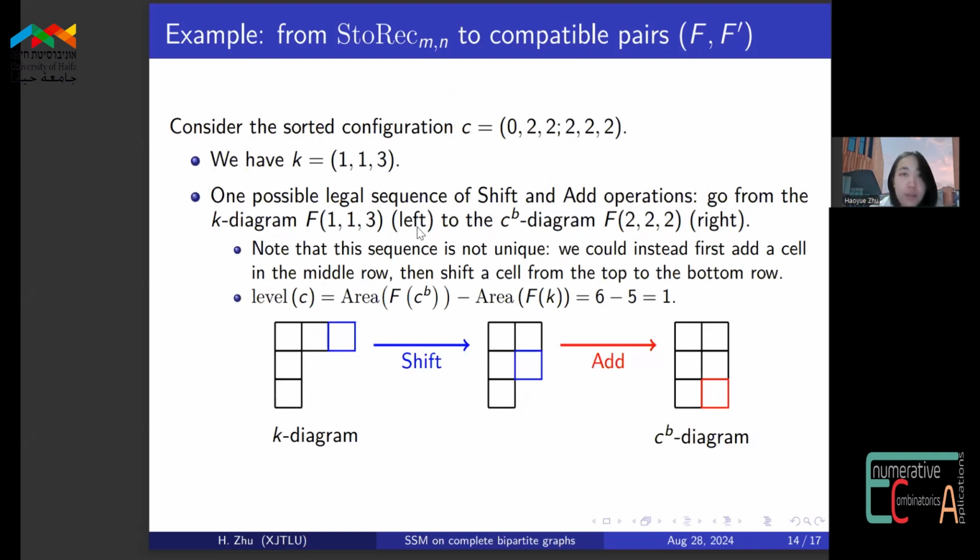So let's go to one example. If we already know one configuration C in the sorted order, here we have CT equal to 0, 2, and CB we have 2, 2. So we first need to calculate the key vector. Let's go to the first one: how many elements are less than 1? We can only have the 0.